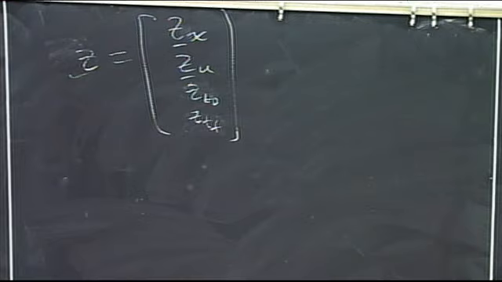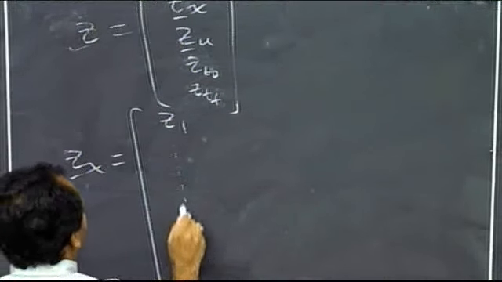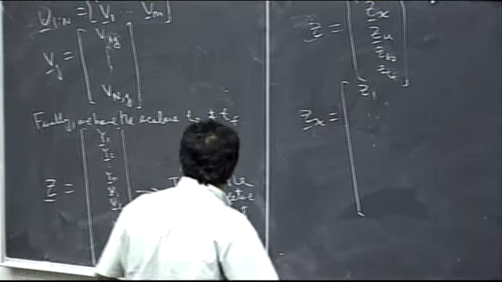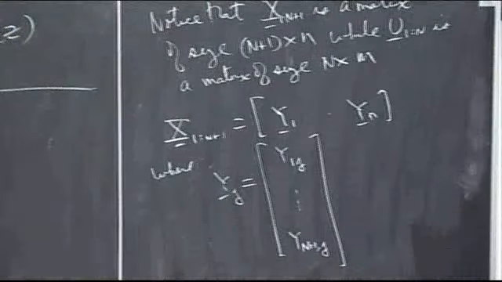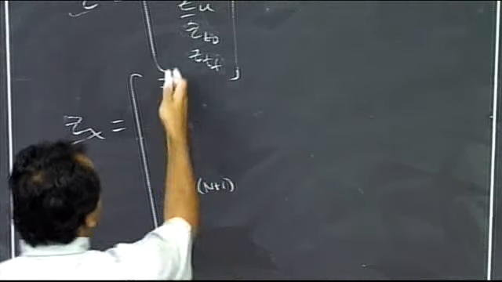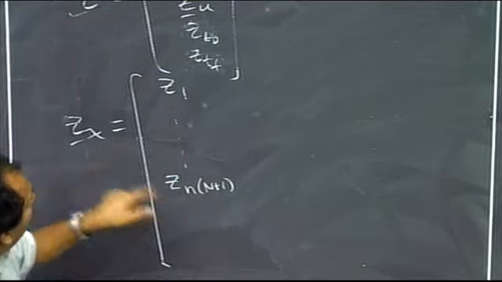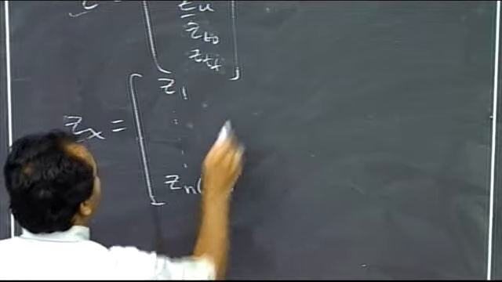So what are these different pieces? Well, zx is going to equal z1 all the way down to the last value. We know the last value because the matrix of states is n plus 1 by n, so the last value is z of n times n plus 1. The first n times n plus 1 components of the vector z correspond to the states.